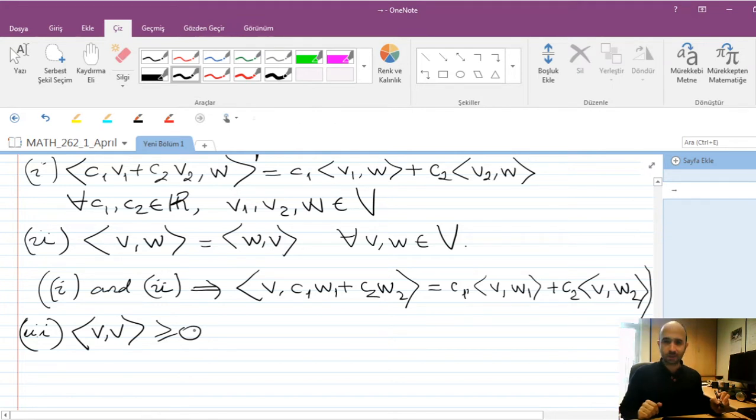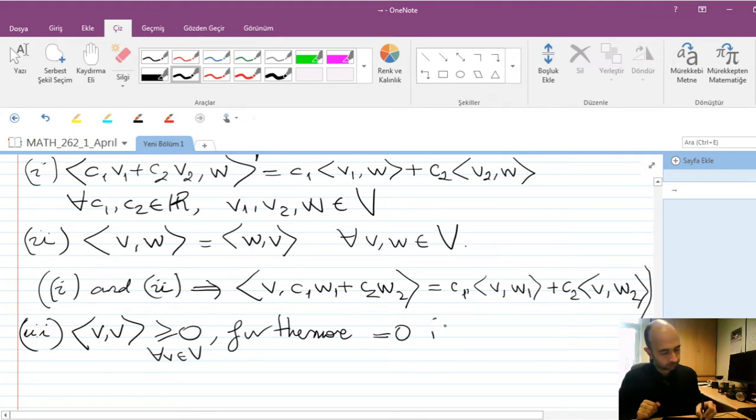Furthermore, equality happens if and only if the vector is 0. I should stick in a for all V in V here. And furthermore, (V, V) equals 0 if and only if V is the 0 vector.